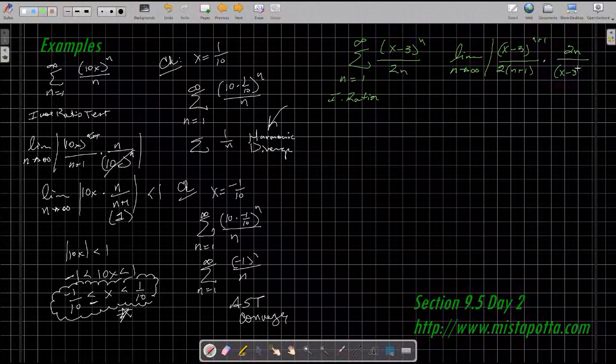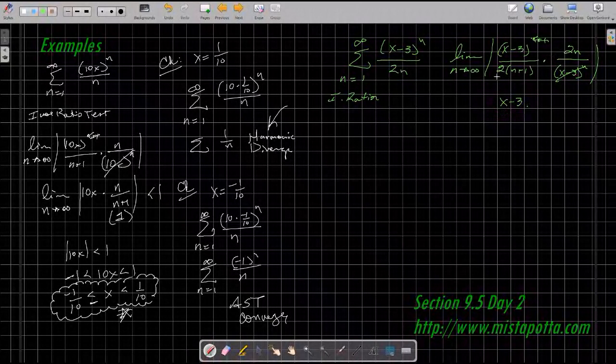x minus 3 to the n. And algebra reduces this a bit, so this will reduce all but one of these terms.